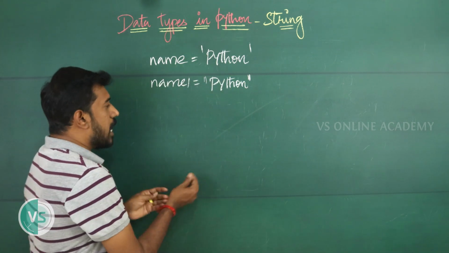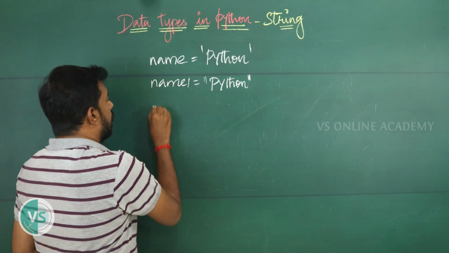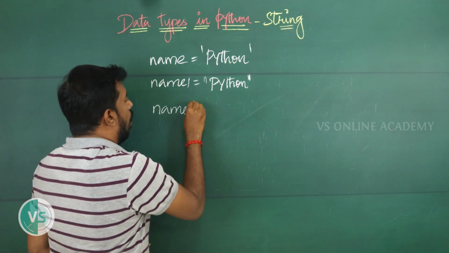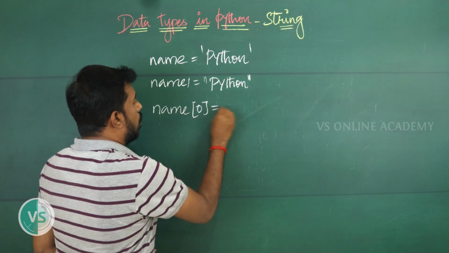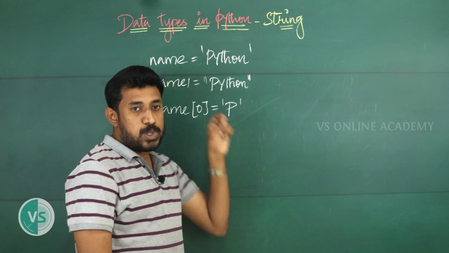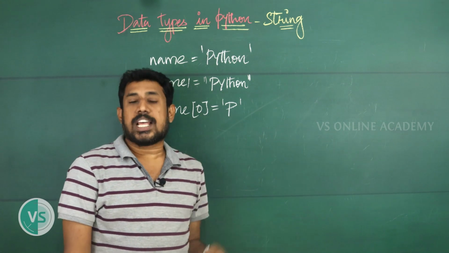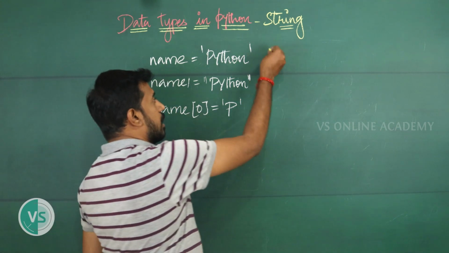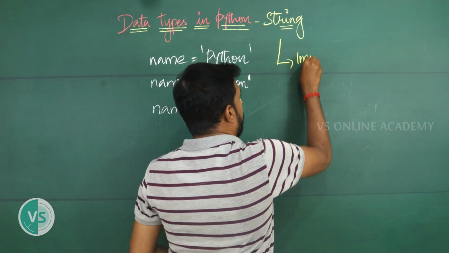If we try to change a particular character, for example, name of 0 is equal to capital P, which is not possible. If so, the Python interpreter throws an error message, so the string is immutable.